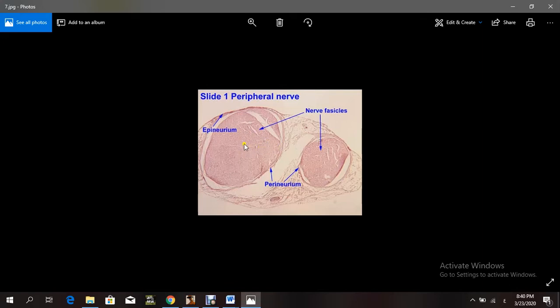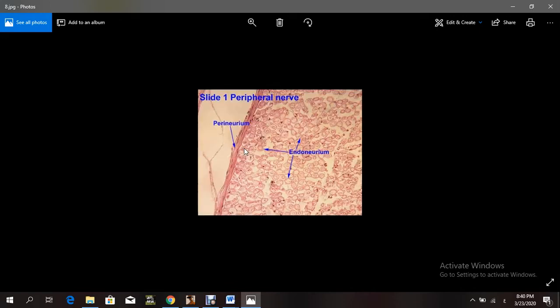When we see them at higher magnification, we will see lots of axons there. At higher magnification, those are the axons within the peripheral nerves, and each one of those axons is surrounded by the endoneurium, the connective tissue which surrounds the axon, while the perineurium is the connective tissue which surrounds a group of axons.